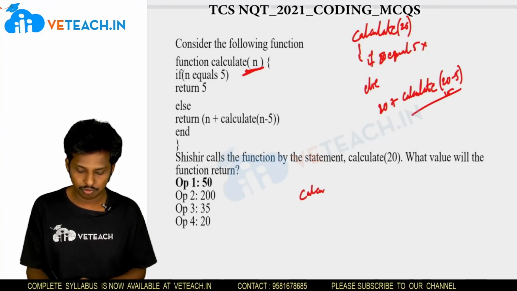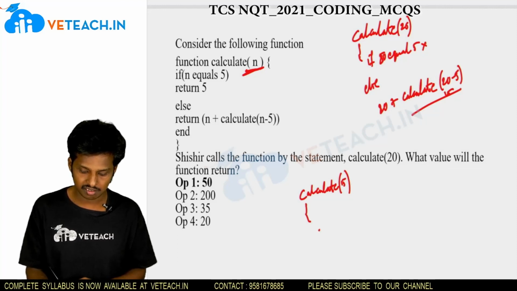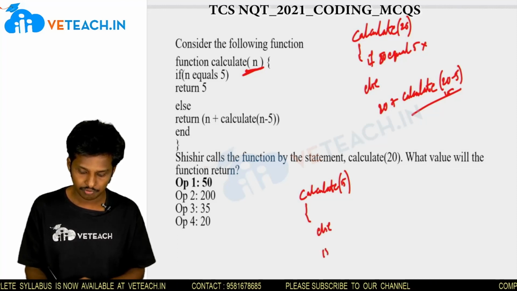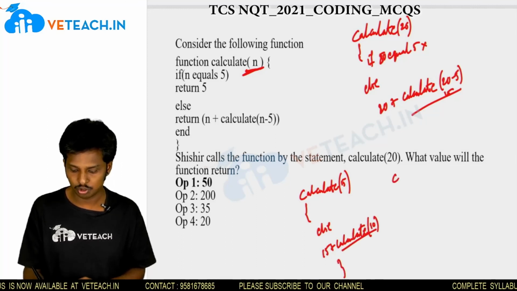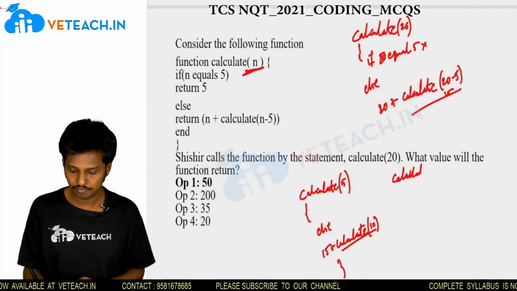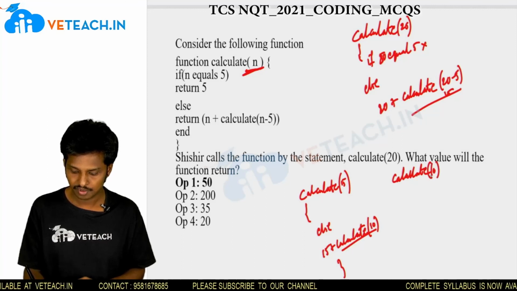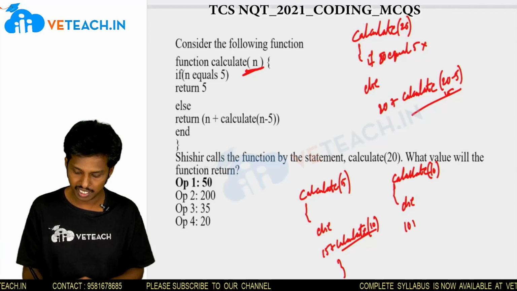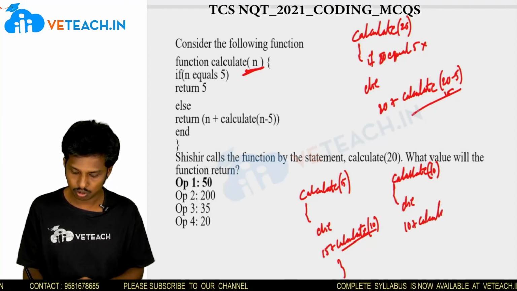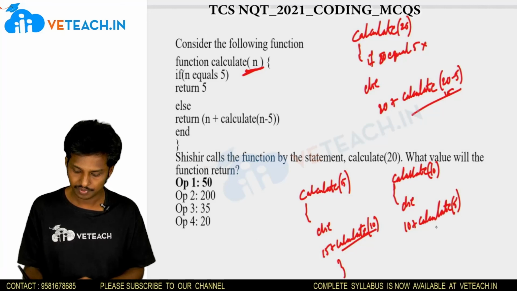So calculate of 15 is, since the condition fails, it goes to the else part, 15 plus calculate of 10. This has to be calculated, which is calculate of 10, where it goes to the else part again and returns 10 plus calculate of 5.